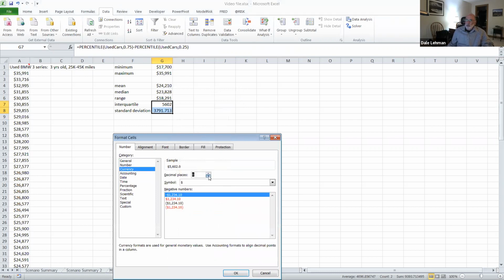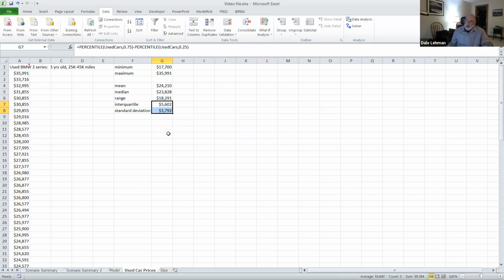So the way you would interpret that is, roughly on average, the variability of these cars is that the average car is $3,800, either higher or lower than this mean of 24,000. So standard deviation is a measure that captures, in some sense, all of the cars, but talks about how far away the average car is from the mean.